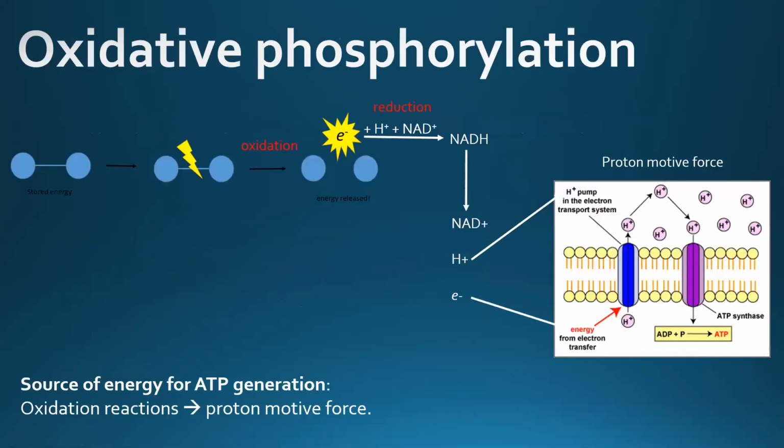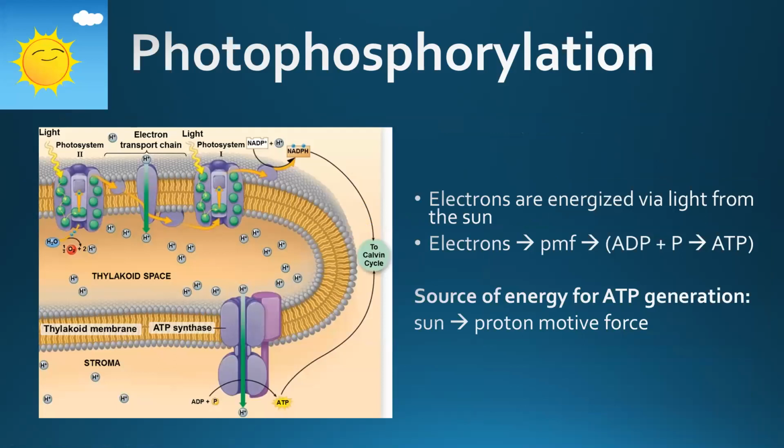Okay? So with oxidative phosphorylation, again, continuing, it's basically the movement of the protons, which are going to generate the ATP molecule. Last, photophosphorylation. So let's look at that. Photo, so light, phosphorylation, the phosphate.